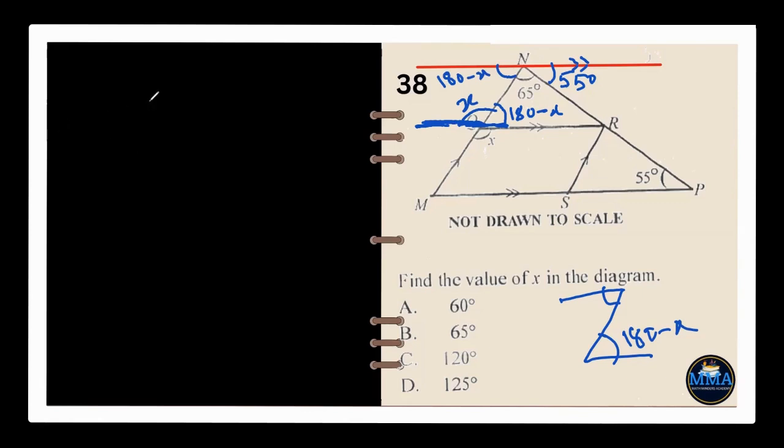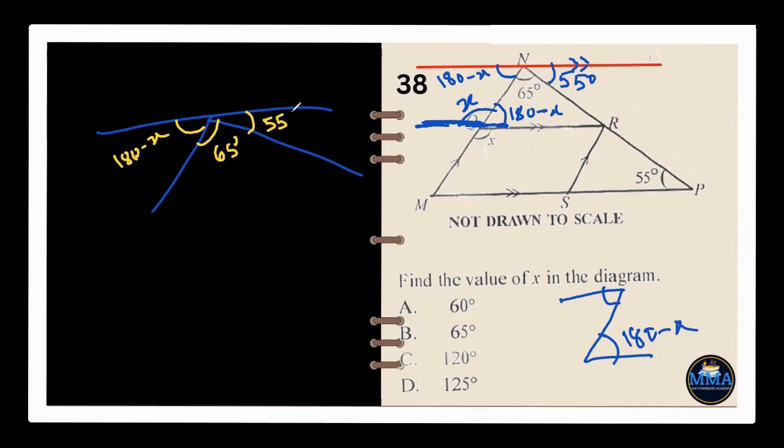Now, what we have, of course, is something like this, and another like this. And so let's look at it. We have this one here as 180 minus x. Then we have this one here as 65. And we have this one here as 55 degrees.